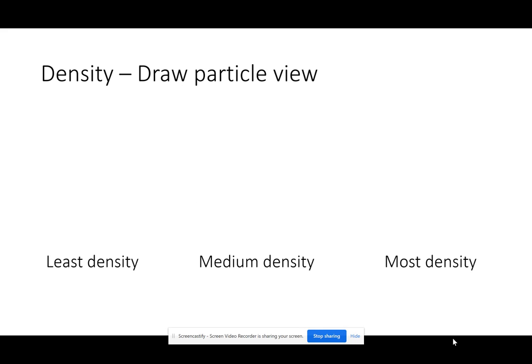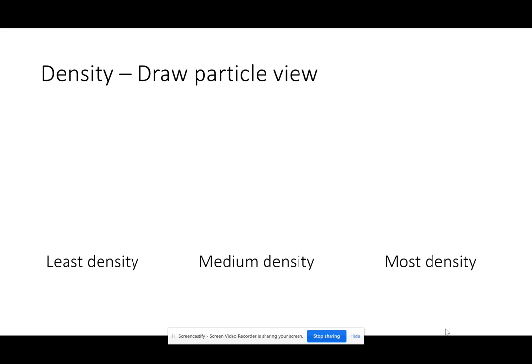First, when we talk about substances of different density, we can take a look at what their particles might look like in terms of substances of varying density. And when I mean particles, I mean the little tiny atoms and molecules that make up substances that we cannot see with the naked eye.